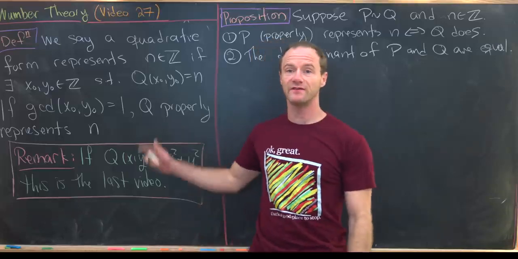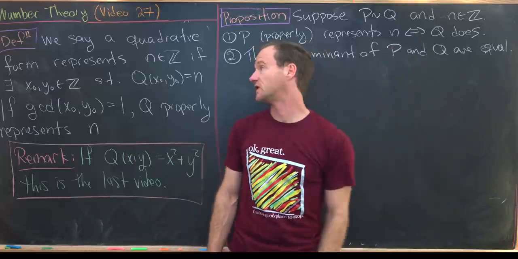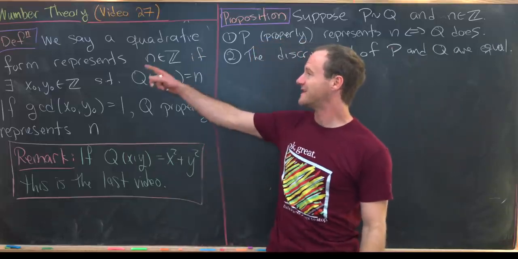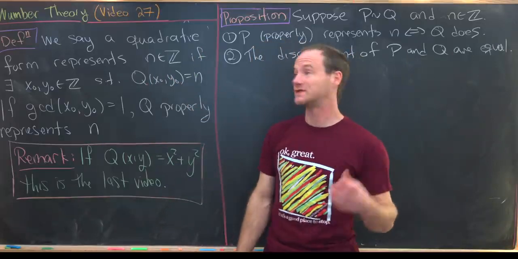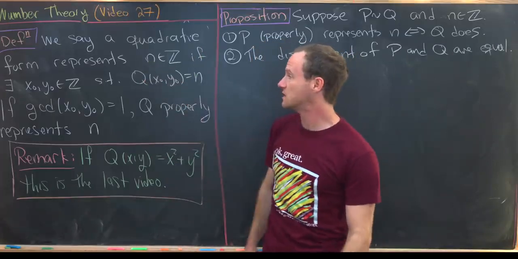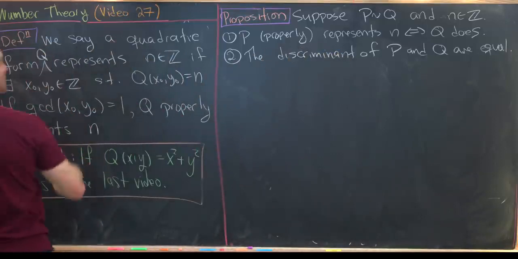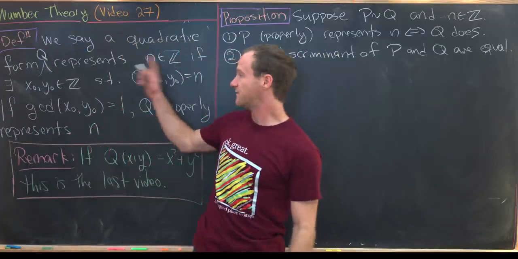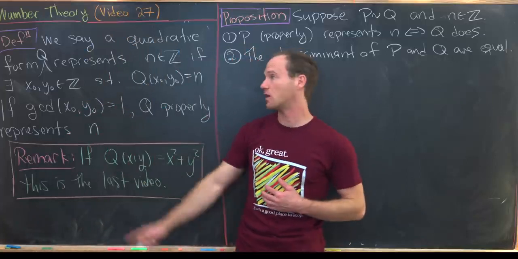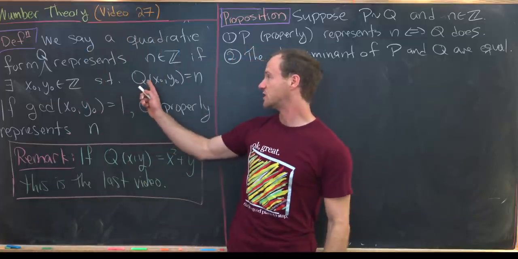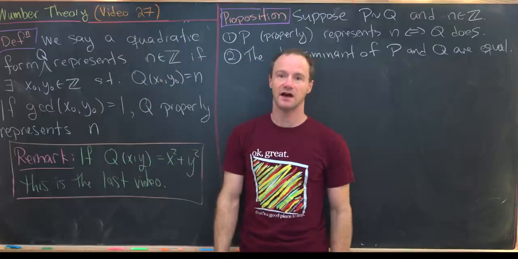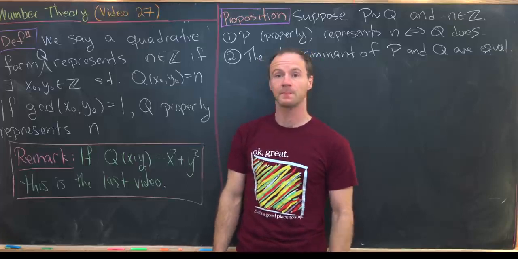Okay, we've got another definition and then our first proposition of the video. So we say that a quadratic form represents an integer n. I guess I should say my quadratic form here has name Q, if there exist x naught, y naught, which are integers, such that Q evaluated at x naught, y naught equals n.